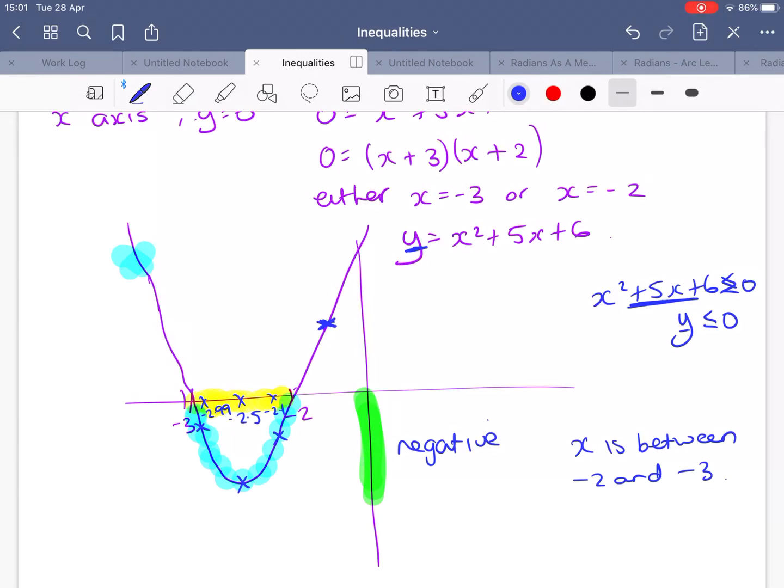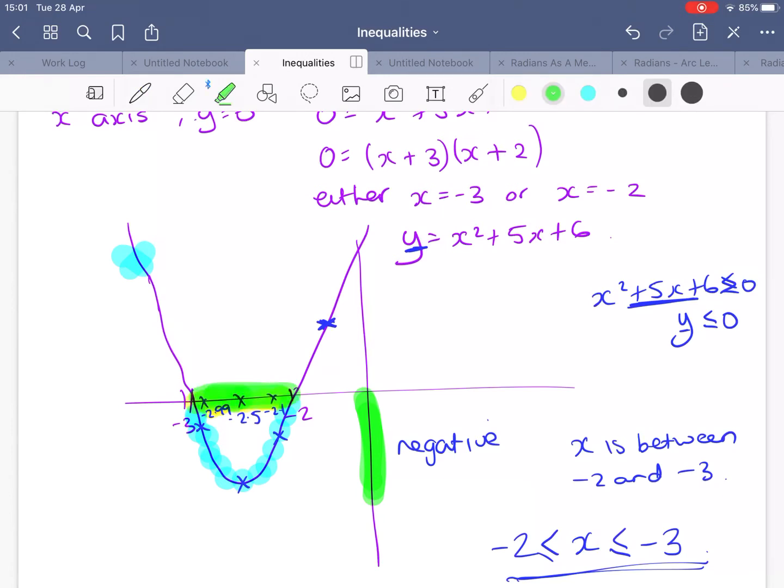And what we say is if it has to be between -2 and -3, we say x has got to be bigger or equal to -2, and it has to be less than or equal to -3 at the same time, so that it's somewhere in this middle region here.